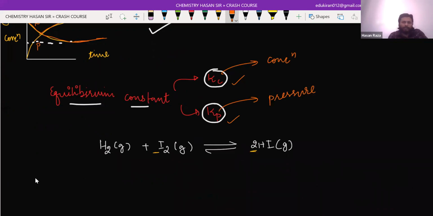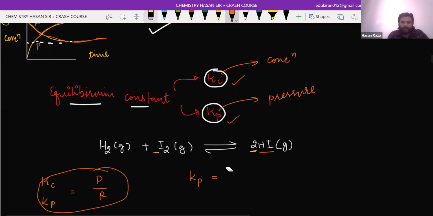Now see, always remember that, whether Kc or Kp, it will be equal to product upon reactant, always product upon reactant. Let me write the expression for Kc.